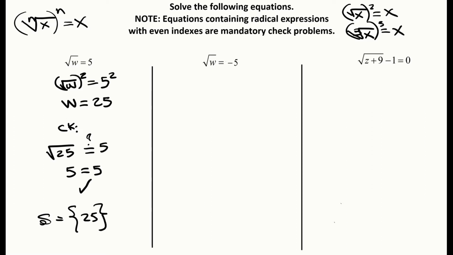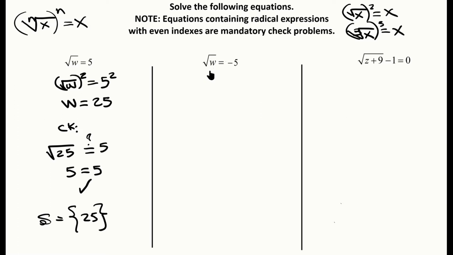Now, this next example will demonstrate why we must check these even index problems, because if we were to approach this problem in a standard way like this, we would run into problems, as you'll see.